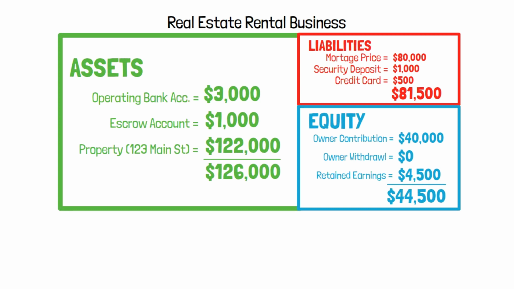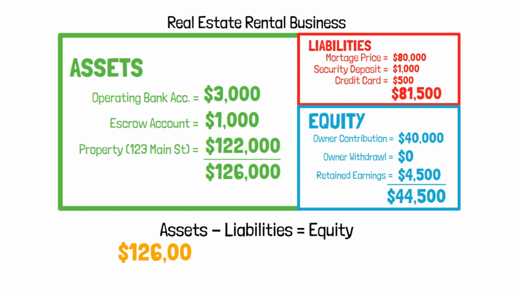Another way of putting this is that the assets of the business minus the liabilities of the business is equal to the equity for the owners. That is, $126,000 of assets minus $81,500 in liabilities equals $44,500 in business equity.